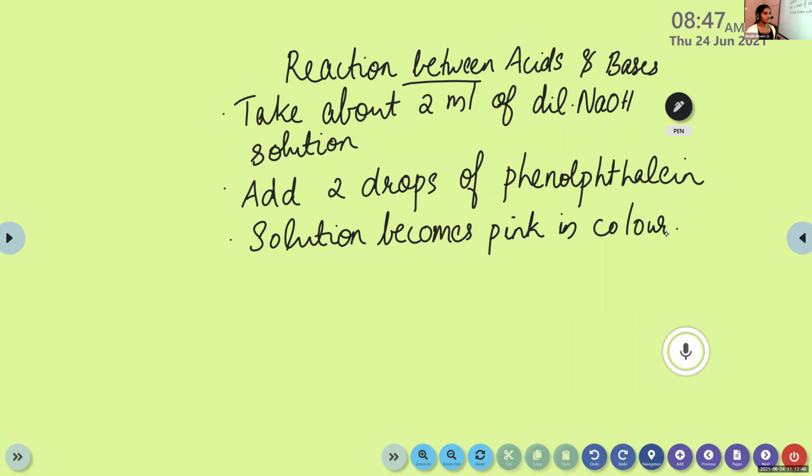The actual color of phenolphthalein solution is colorless, and when we add 2 drops of it to a base called NaOH, it becomes pink.